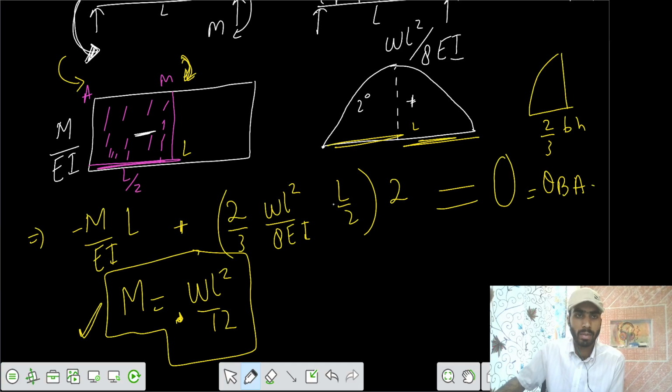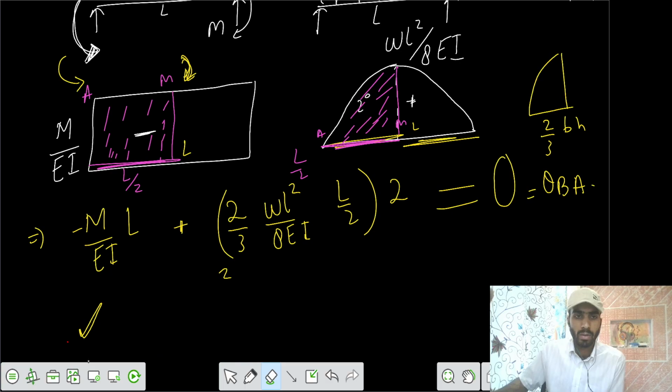So this length is L by 2. Similarly, this length is L by 2. This is point M, this is point A. You only need the area of this part, so we can remove the rest.